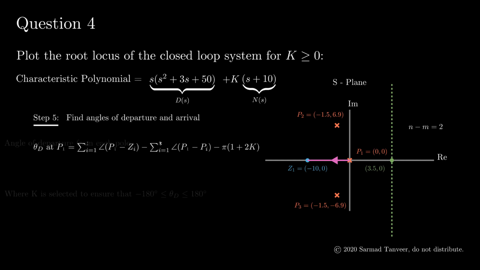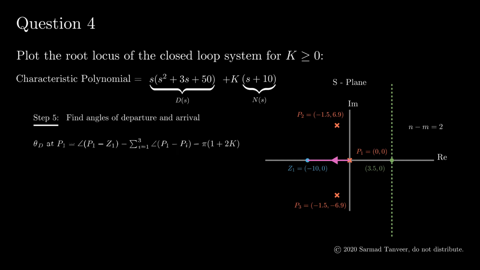For the next few seconds, we will simply substitute relevant values and simplify the resulting expression to obtain angles of departure at each pole. The angle of departure at pole 1 is found to be negative 180.